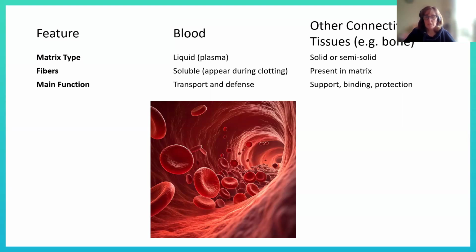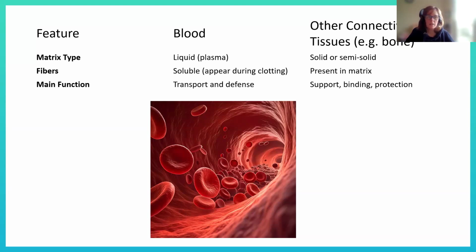Most of the time, they're dissolved because they're soluble. They only come out of solution during clotting. So if you get a wound that needs to be healed, the fibers come out of solution and start to knit together and block that wound. And then we've got the cells, the blood cells, and the function there is transport of oxygen, carbon dioxide to get released, and defense against infection.